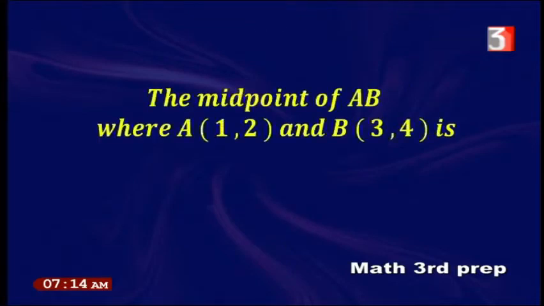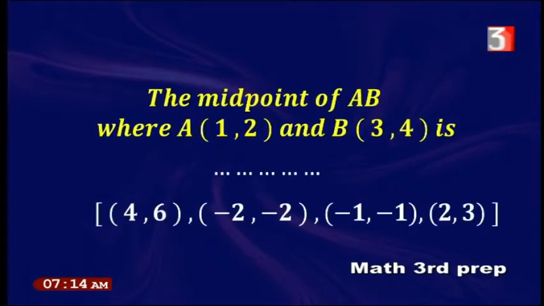Another example. The midpoint of AB, where A is (1, 2) and B is (3, 4), is what? Is it (4, 6), (negative 2, negative 2), (negative 1, negative 1), or (2, 3)? First of all, what about the rule of finding the midpoint of a line segment?